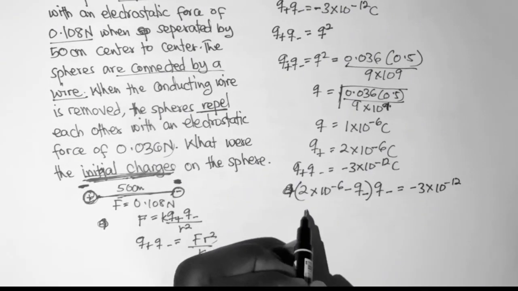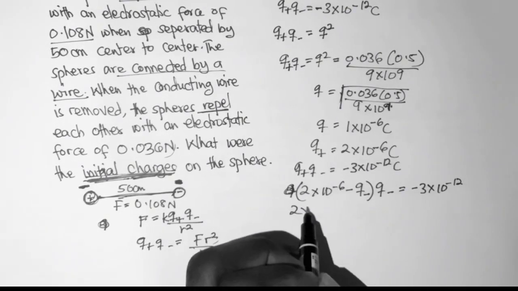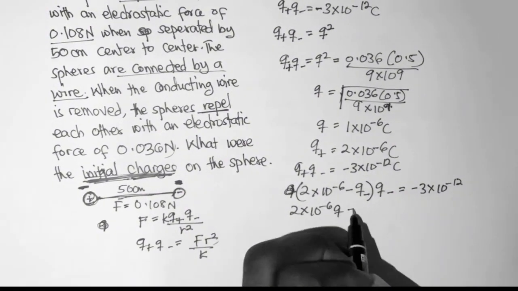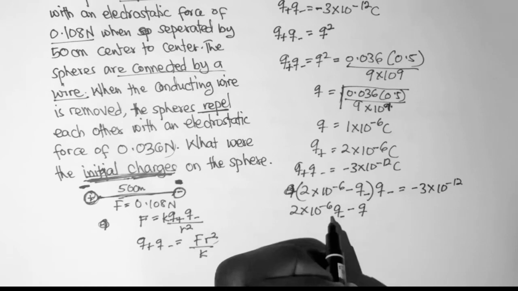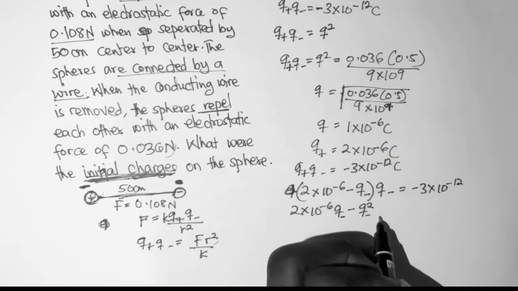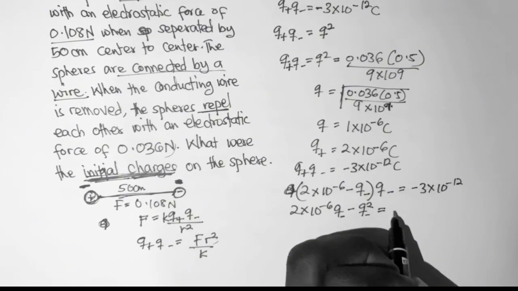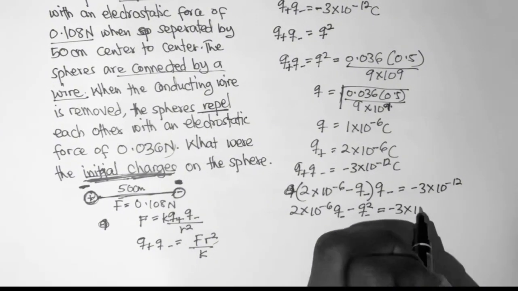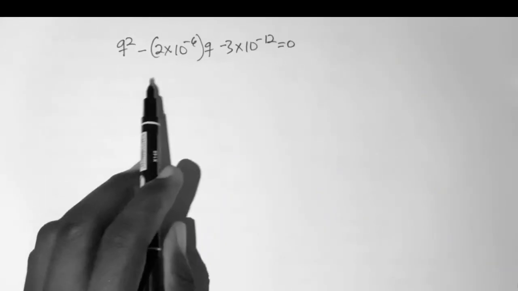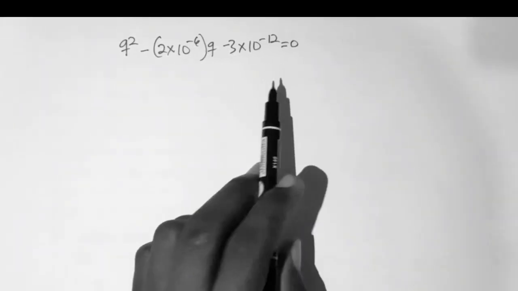So if we expand this, we find out that we have this as 2 times 10 exponent minus 6 Q minus, minus Q minus squared, which is equal to minus 3 times 10 exponent minus 12. So this is the equation we got from the previous step.